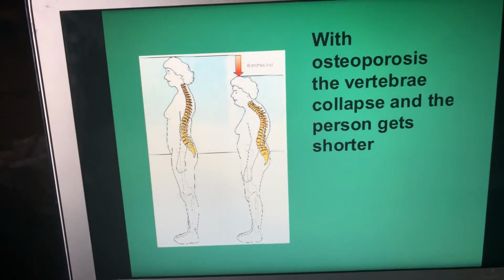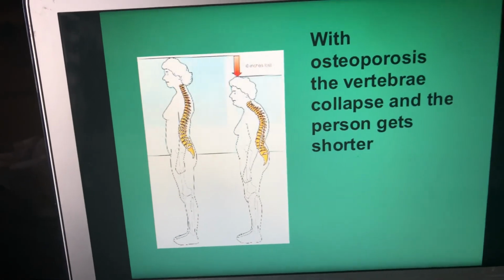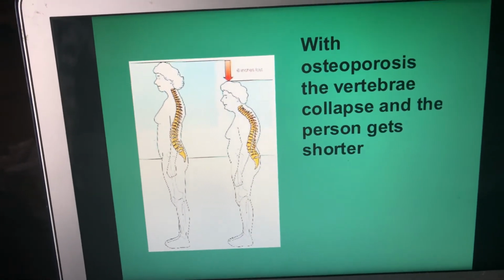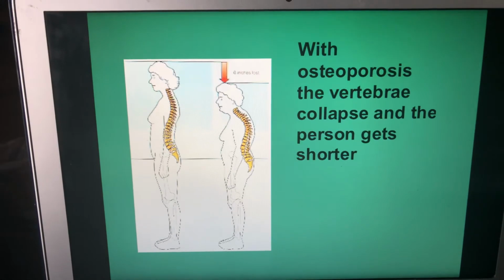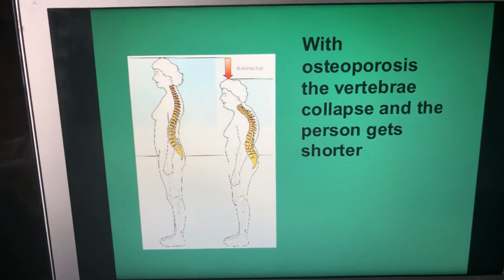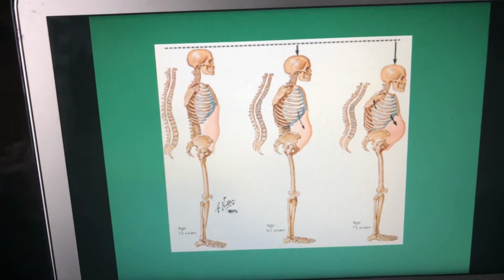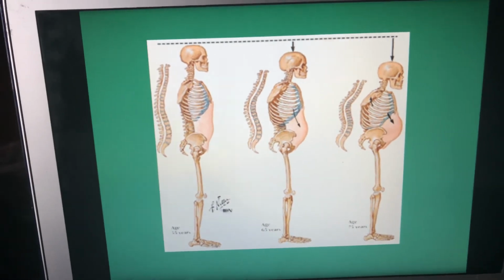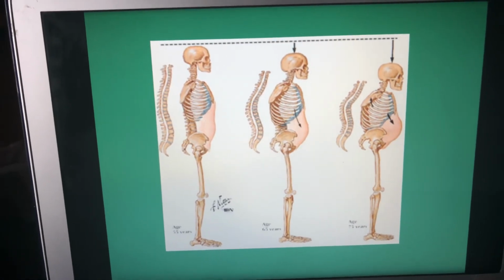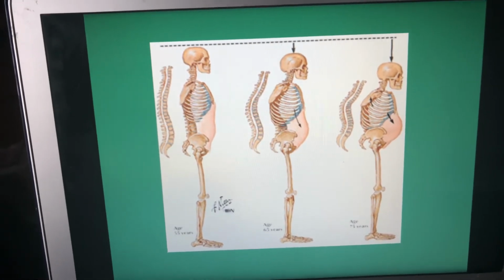So here's a picture of a woman with osteoporosis, and you can see the deformity in her spine because of the collapsed vertebra. So this is a person as they age with osteoporosis. It looks like their arms are really long.